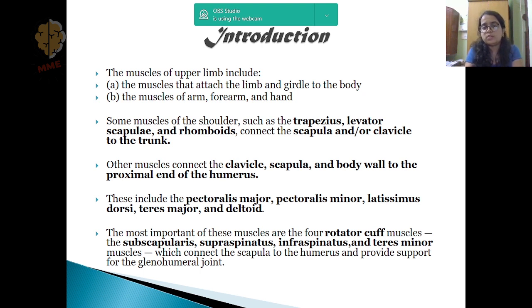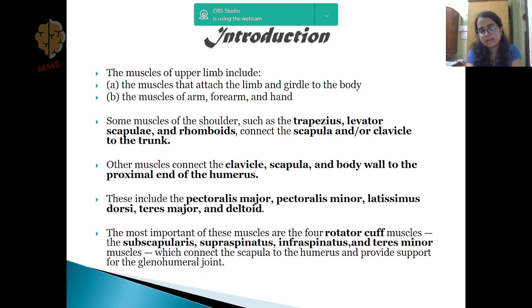So, what do we mean by the pectoral girdle? You must have been taught in osteology. It consists of the clavicle and the scapula. The clavicle is articulated to the scapula at its lateral end with the acromion process of the scapula via the acromioclavicular joint.